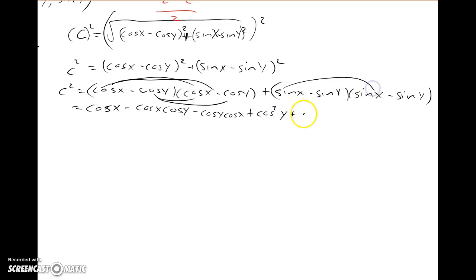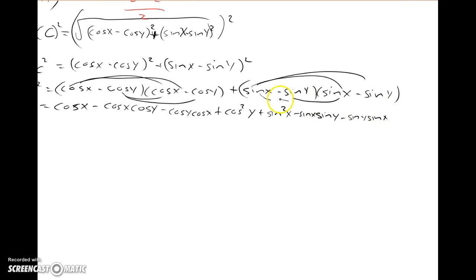Similarly, I multiply that out, sin squared x minus sin x sin y, minus sin y sin x, and then negative times a negative plus sin squared y.